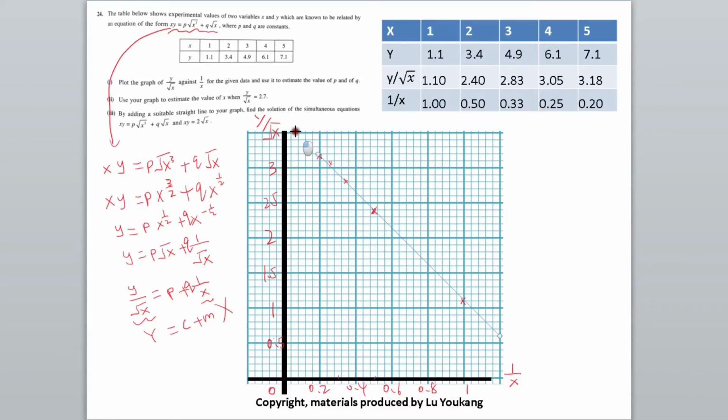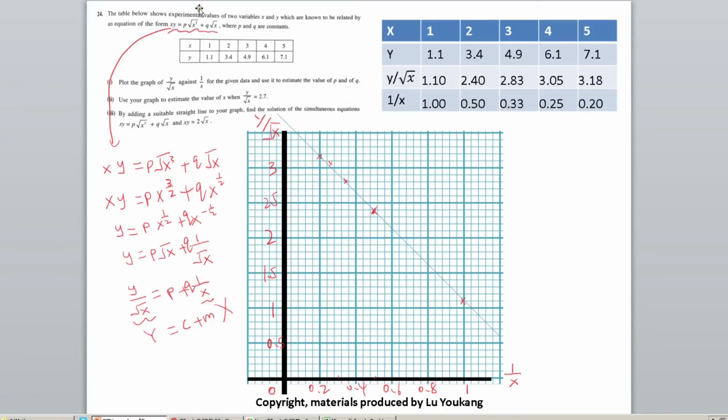You should see that it goes out of bound here, but I can somehow guess the value of my y-intercept. When you draw your graph, you shouldn't have this case. Due to the limitations of my graph here, I apologize, but you should extend your line and it should cut our vertical axis.